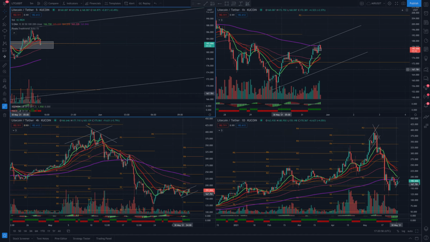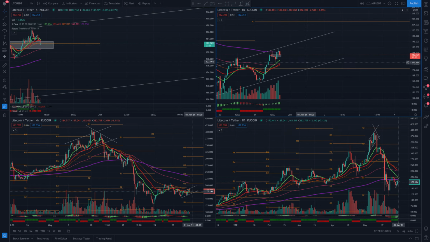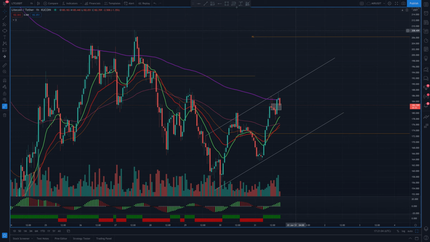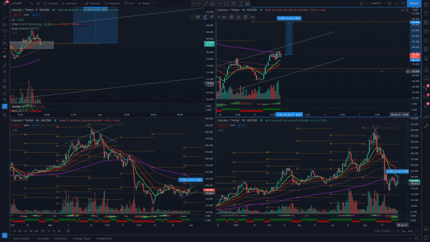Now let's see what kind of risks we're looking at. The potential upside, if you enter now, would be something along the lines of 12%, 12.62%.